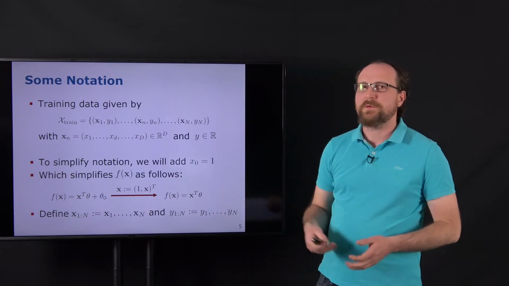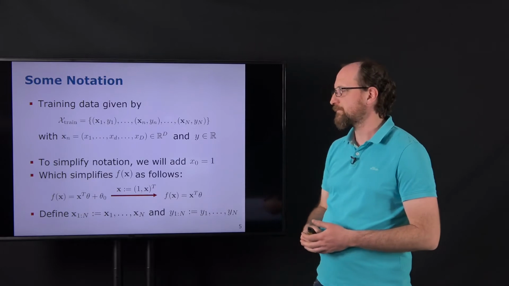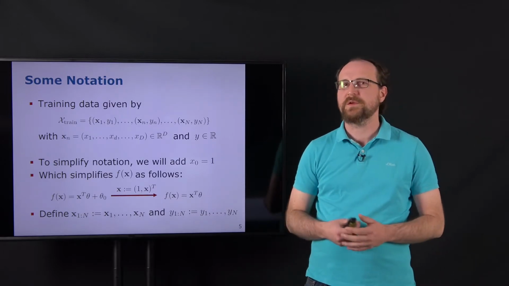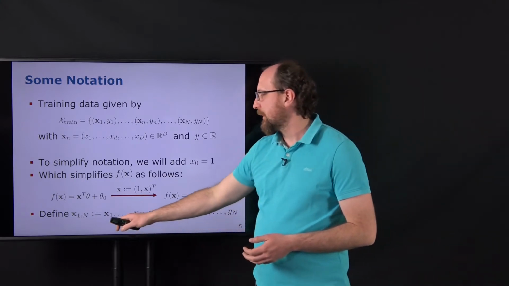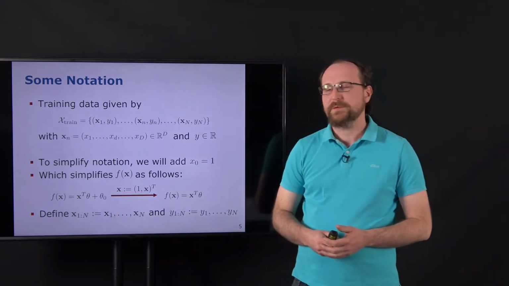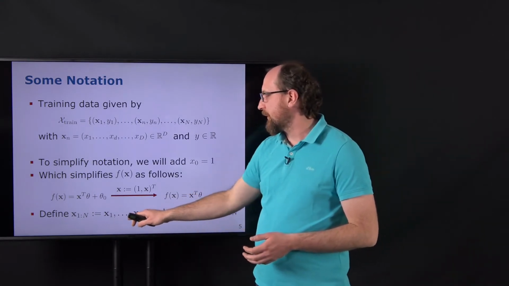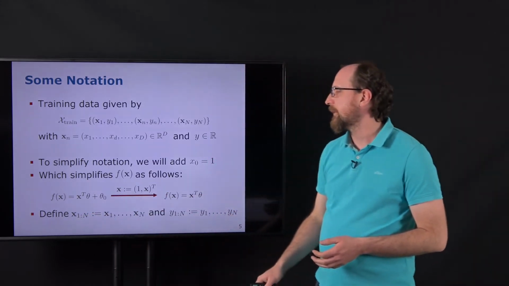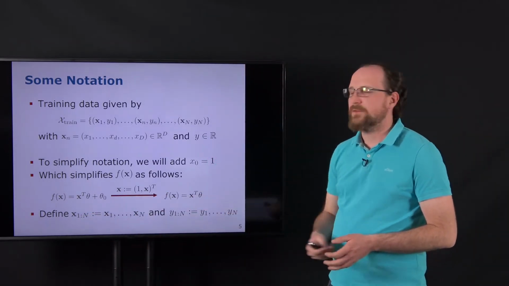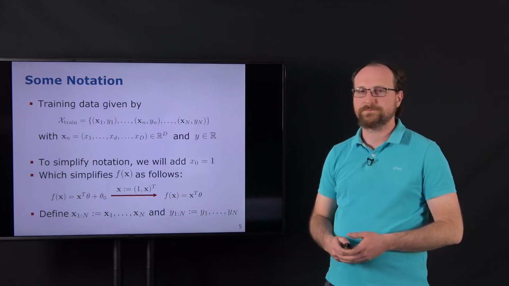So you have to keep in mind that we always have this bias in front of the vector. To make the notation a little bit shorter, we will also use a shorthand for the concatenation of multiple variables, where we say that the variables x1 to xn are given by x1 colon n, and the same we do for the y. This makes the notation a little bit shorter.